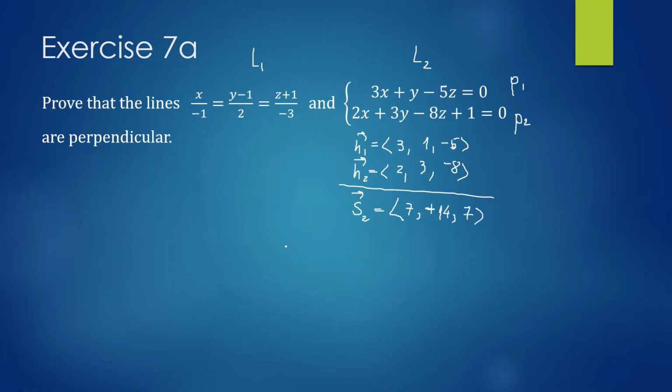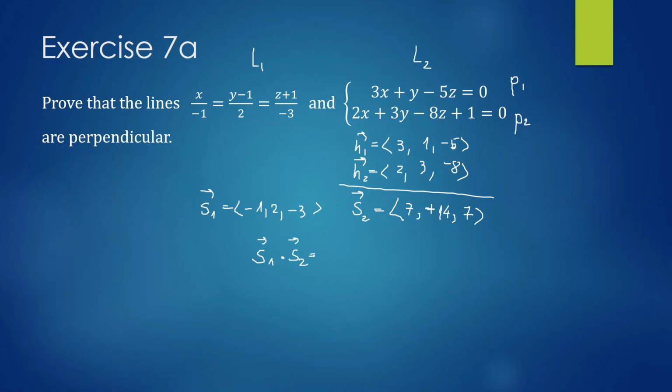And now we have to demonstrate that the two lines are perpendicular. So the first direction vector is (-1, 2, -3). These two lines will be perpendicular if and only if their dot product equals 0.